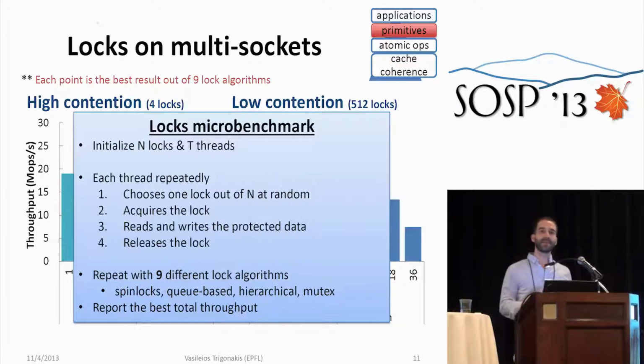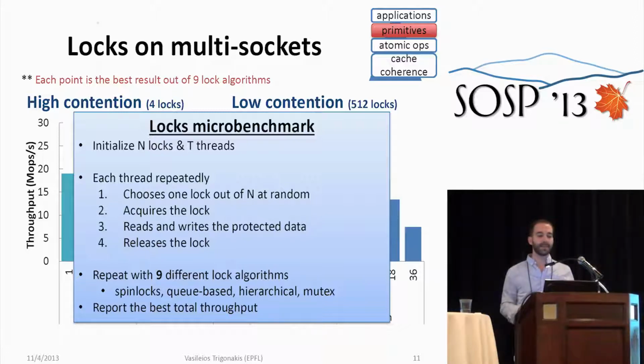We repeat this experiment with 9 state-of-the-art lock algorithms, spanning from simple spin locks to queue-based locks, NUMA-aware hierarchical locks, and of course the pthread mutexes. And we report the best performance that can be achieved by any of these locks. So in a sense, our lock-based experiments are the best you can get using lock-based synchronization.